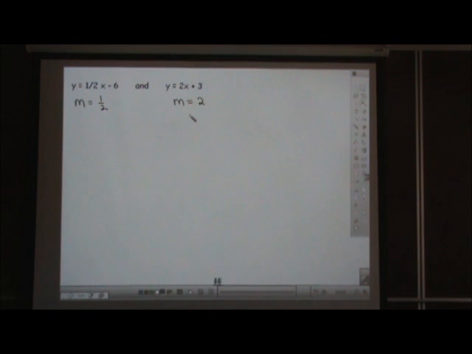They're also not parallel because 1/2 is not the same as positive 2. And if you're not sure about the perpendicular, 1/2 times 2 is 2 over 2, which is positive 1. That's not a product of negative 1. So it doesn't fit the definition for parallel, and it doesn't fit the definition for perpendicular. So we say that this is a neither situation.